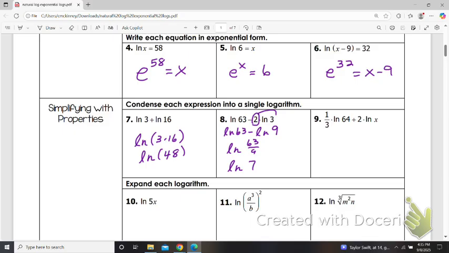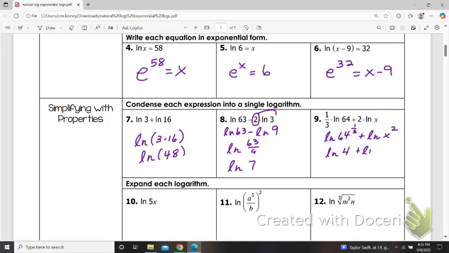Or you might need the calculator or want the calculator here because we have natural log of 64 to the 1/3 power. And then we have plus natural log of x squared. So you can put 64 to the power inside parentheses, 1 divided by 3, and then you will actually get 4, in case you didn't already know that is 4.